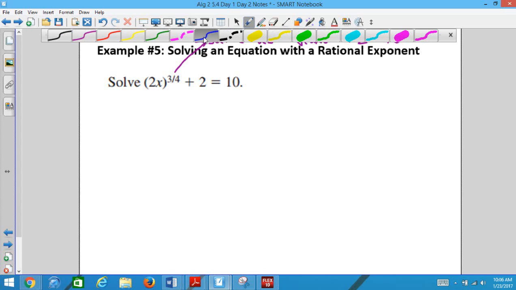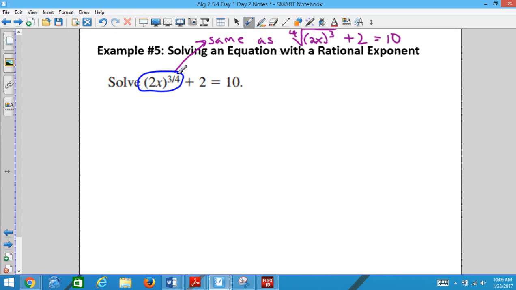So to start, when it is in rational exponent form, we're going to isolate the term that has the exponent. So take away your 2.